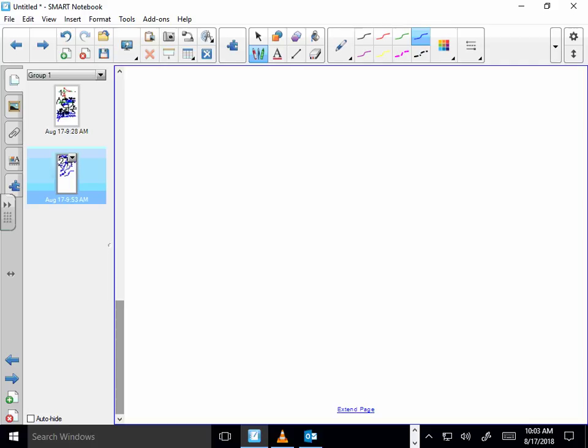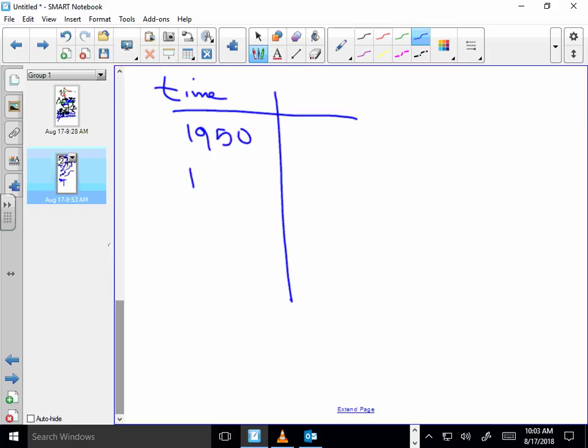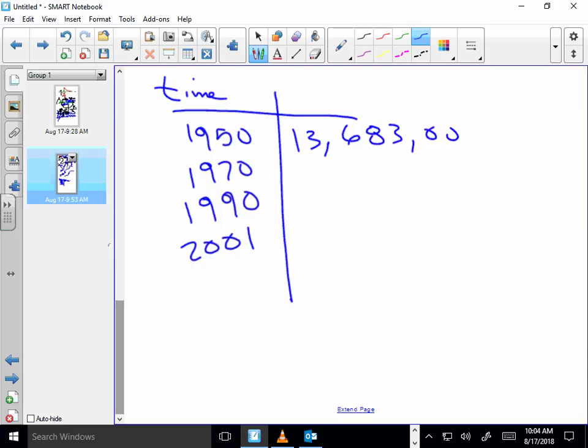So, time: 1950, 1970, 1990, 2001. We had 13,683,000 people living in South Africa.